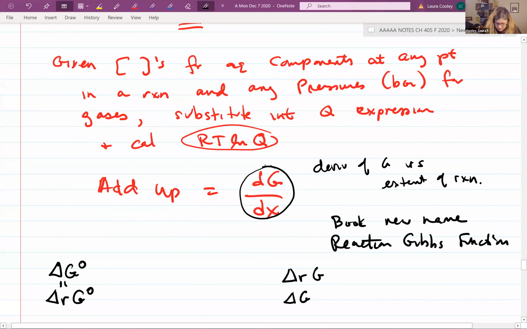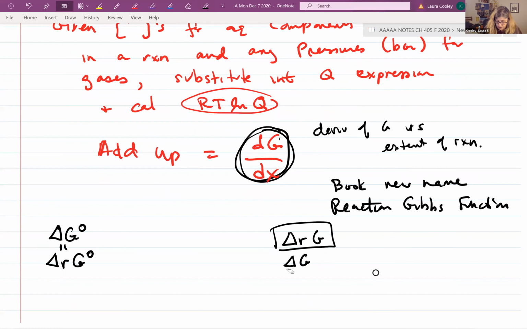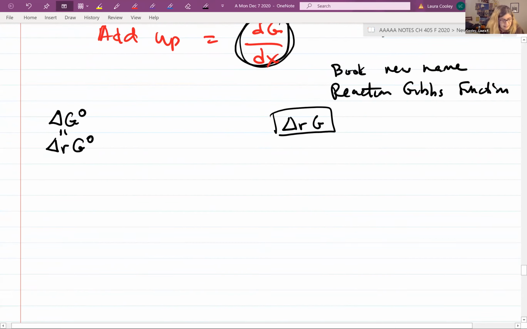It's really a derivative. So, you know, why not just call it what it is? But the book calls it the reaction Gibbs function, and it has this symbol, just so as you know, okay? I hate the name. I think it's awful. Most PChem books do this. When I first looked at it, I started teaching PChem. I was like, what are they talking about? This doesn't make any sense.